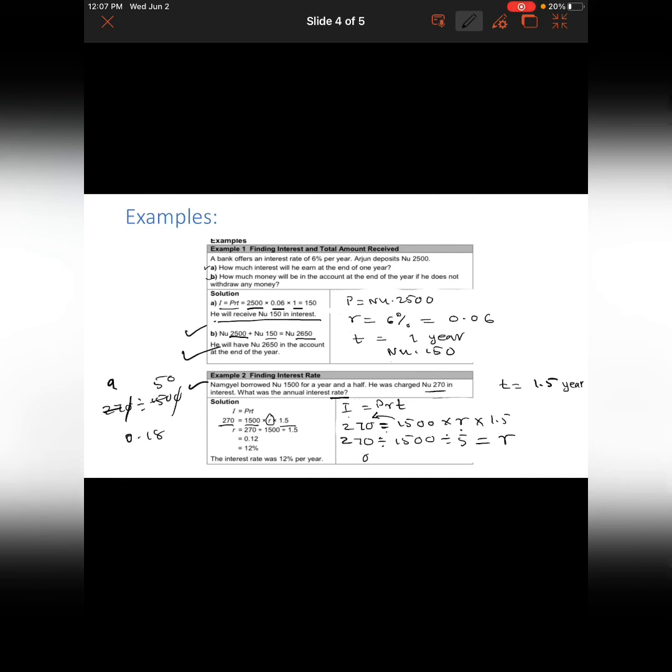Now from here to here it is 0.18, still divided by 1.5. So 0.18 divided by 1.5, you will get 0.12. Which means 0.12 is the rate. It should be in percent form, that's why it is 12%. So this is your example.